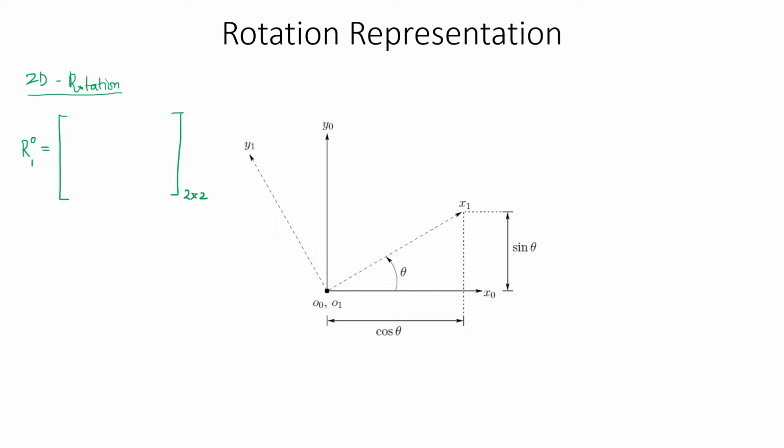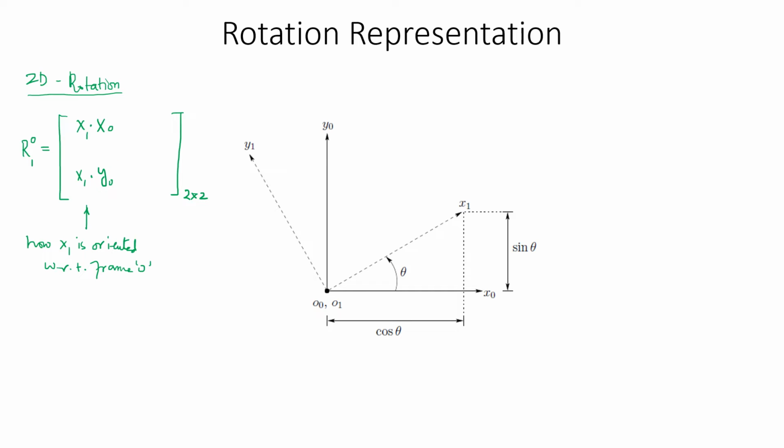In that, the very first column is going to be how x1, the x-axis of frame 1, is oriented with respect to frame 0. How that can be written down is x1 dot x0 and x1 dot y0. This column indicates how x1 is oriented with respect to frame 0.